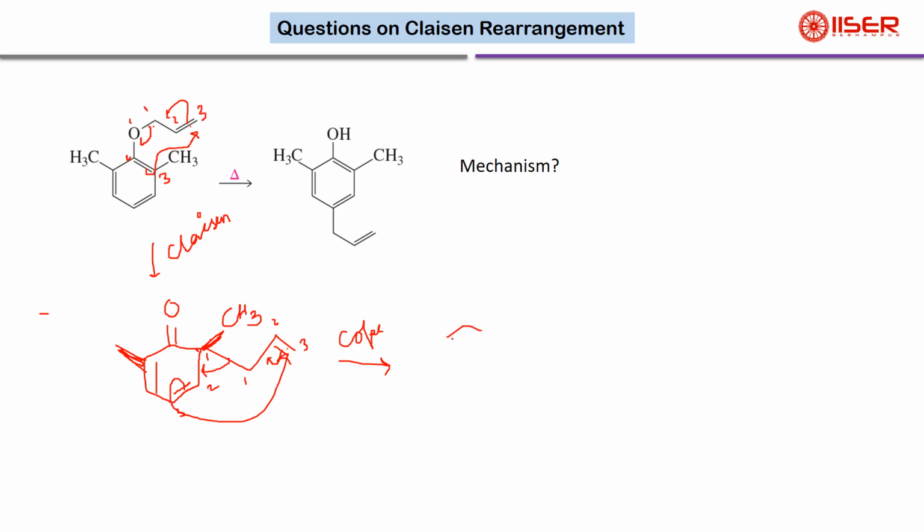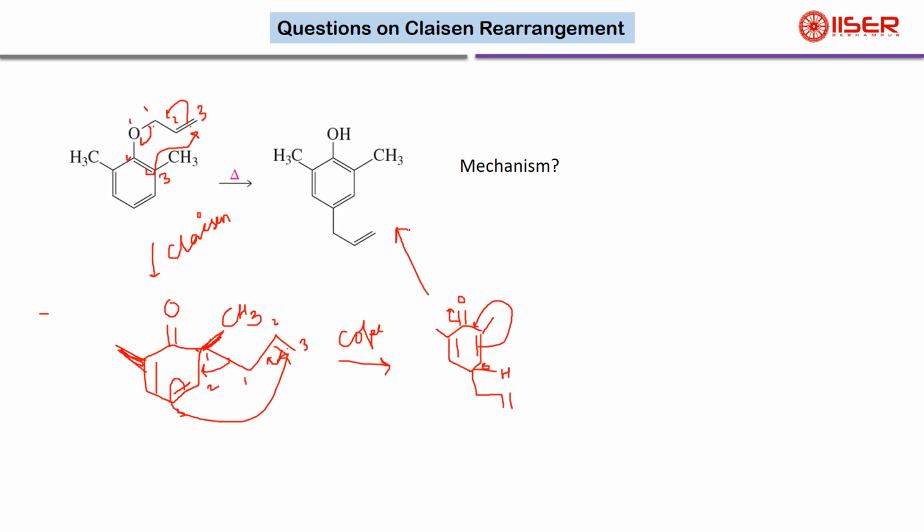What happens here is it undergoes a further Cope rearrangement so that it can regain its aromaticity. So this forms this compound. Now there is an H available here to regain its aromaticity, so this moves from here and we get this as our product.